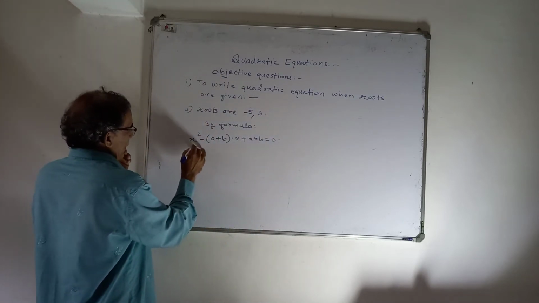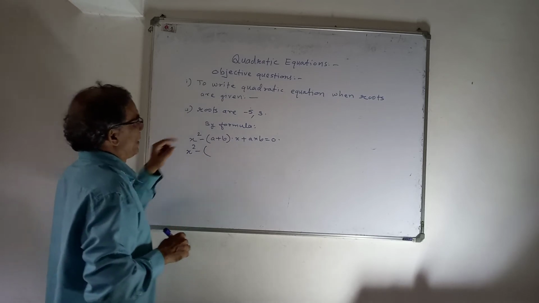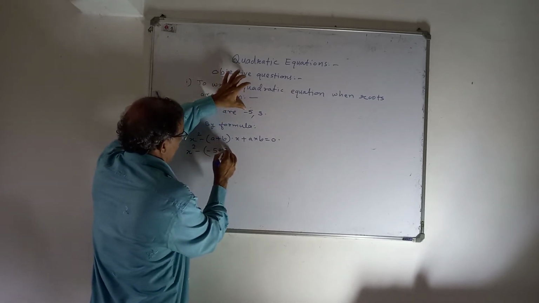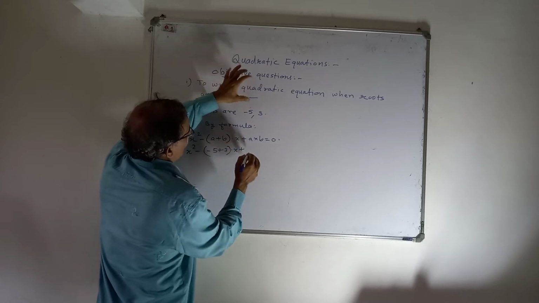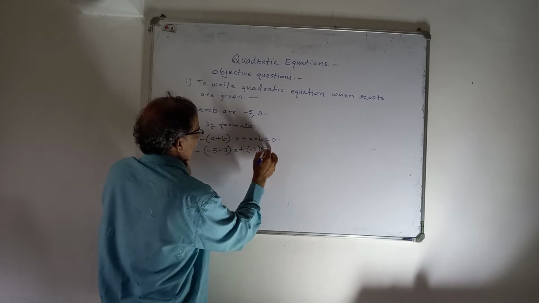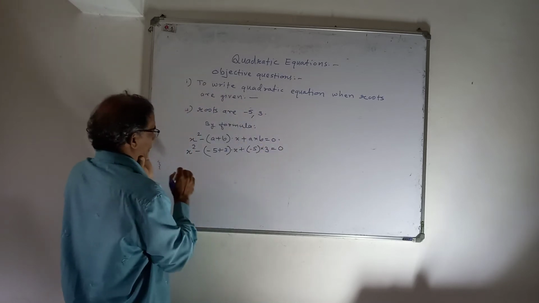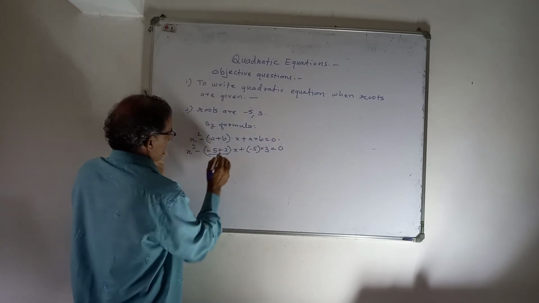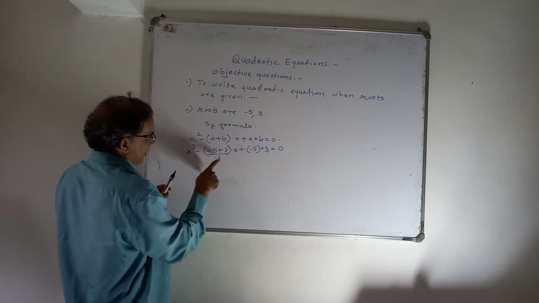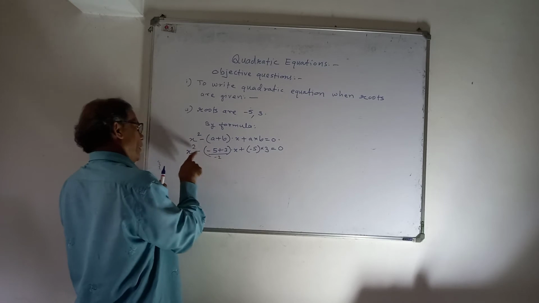So x square minus (a plus b), a means first root, that is minus 5, plus b means plus 3, into x plus a into b, product of the roots. So minus 5 into 3 should be equal to 0. Now we have to simplify. This minus 5 plus 3, how much? It is minus 2. You add this here, and this minus 2 is multiplied by the minus sign.